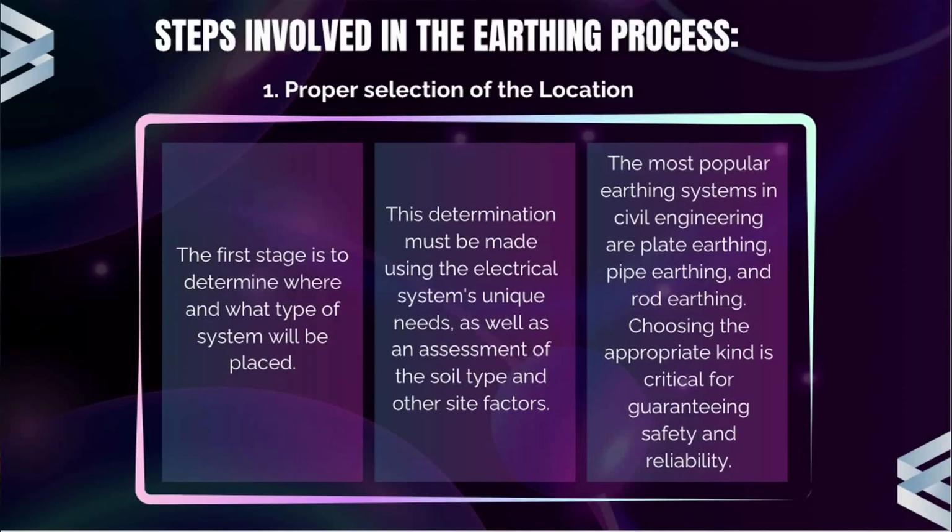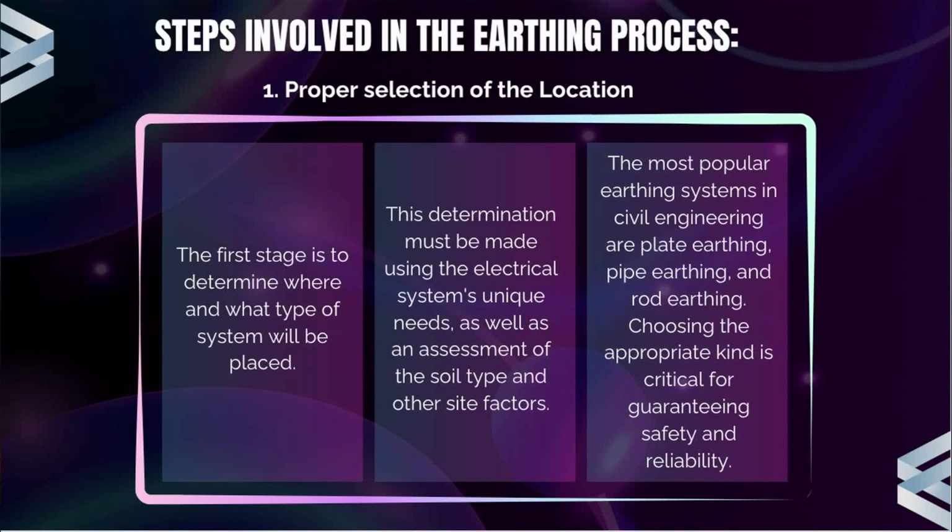There are several steps involved in the earthing process. Let me explain them one by one. First, proper selection of the location. This is the first stage in building an effective earthing system, and one has to be sure where to install the earthing.